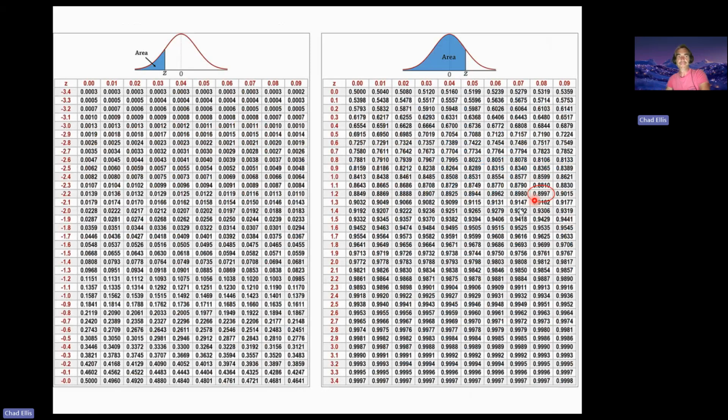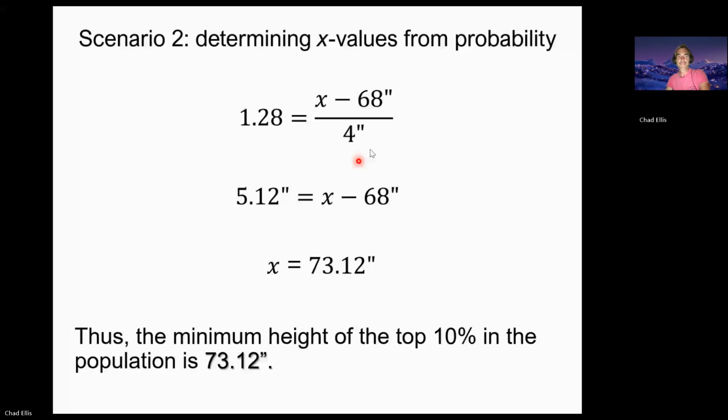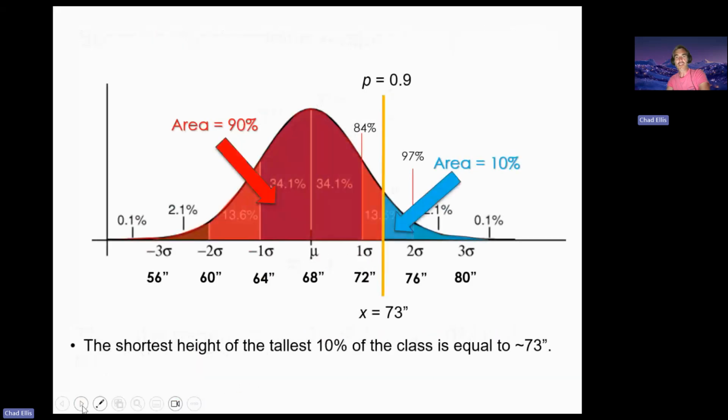There's our mean, there's our standard deviation. We do a little bit of algebra. We multiply 1.28 by 4, and then we add 68. So basically the minimum height for the top 10% tallest people in this population is 73.12 inches.